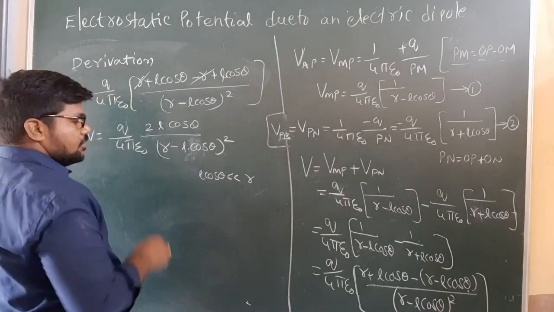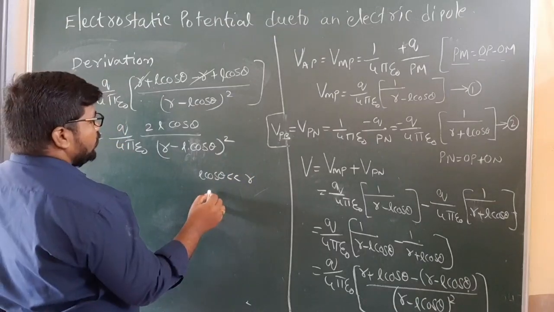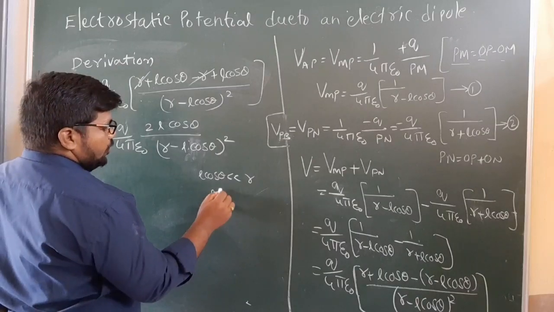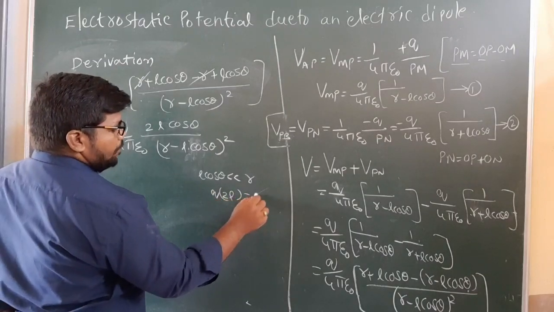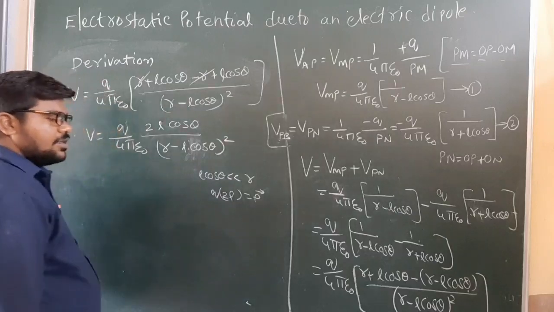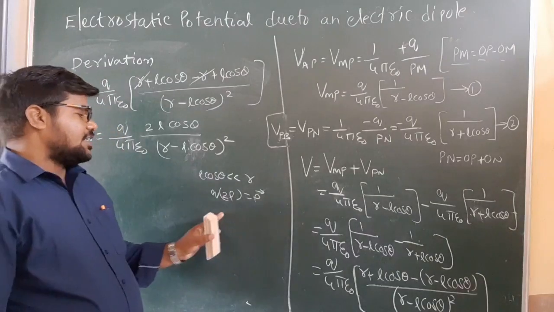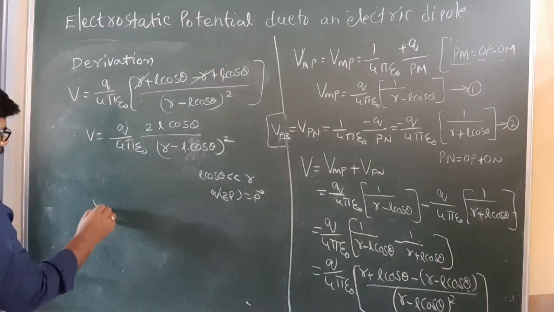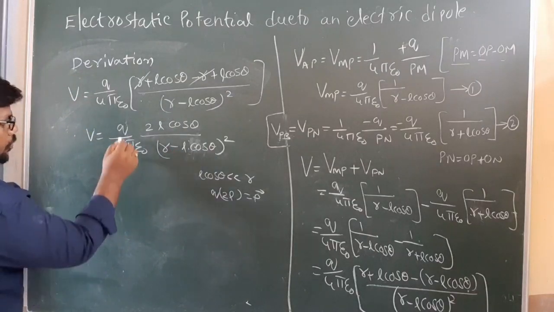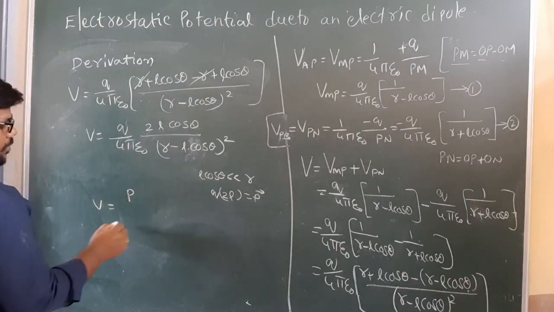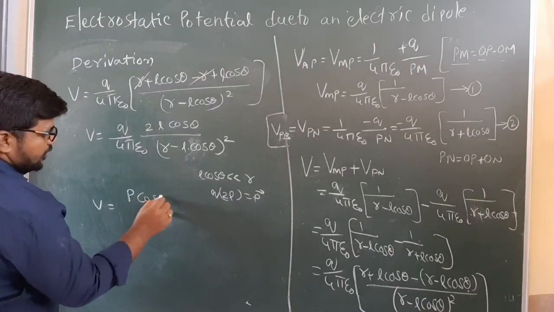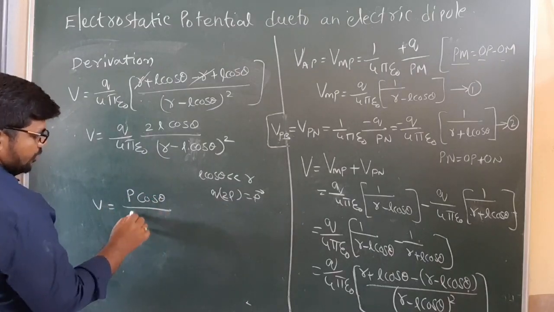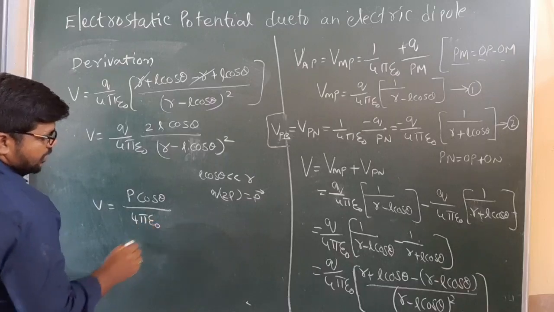Okay. So now, one more thing, Q into 2L we can say P bar, electric dipole moment, charge into separation distance. We are substituting here Q into 2L, P cos theta divided by 4 pi epsilon naught.